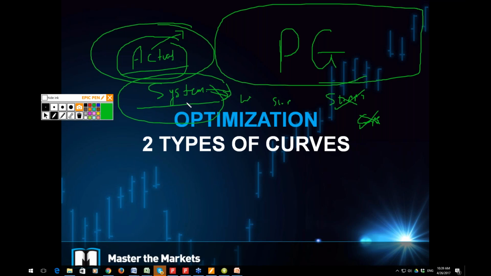All that is going to be accounted for by the system curve. What should have been done? Sometimes the automation can go haywire, it can enter the wrong place, the coding has not been done correctly. That is meant to be in your actual curve, but not in your system curve.